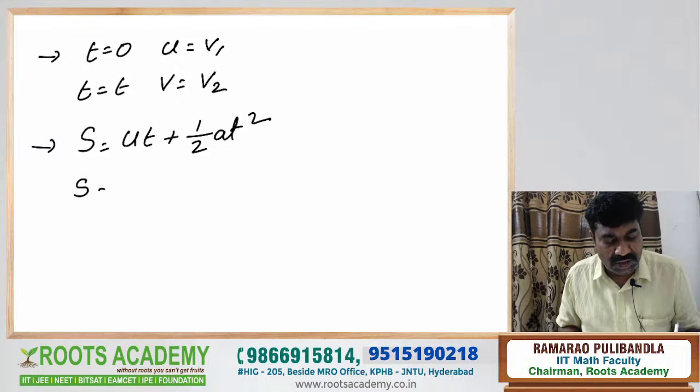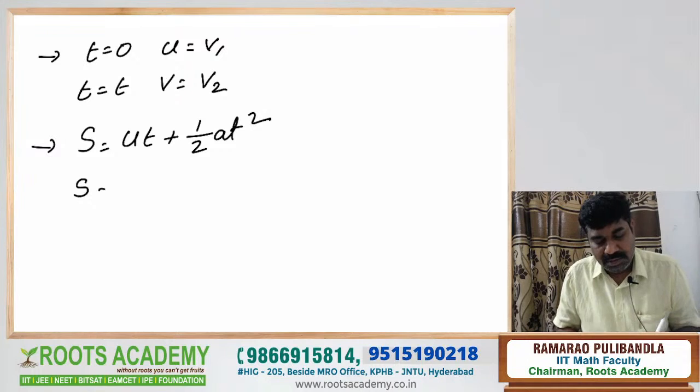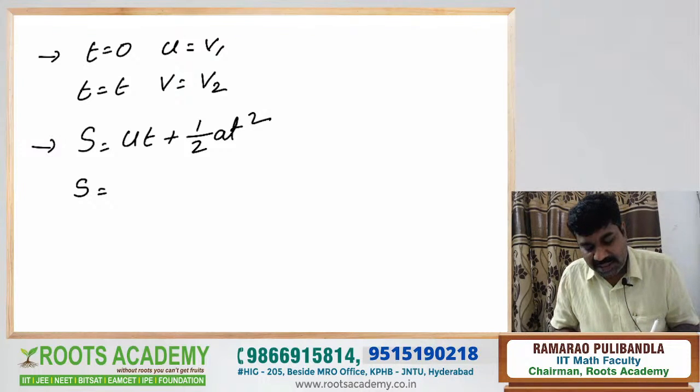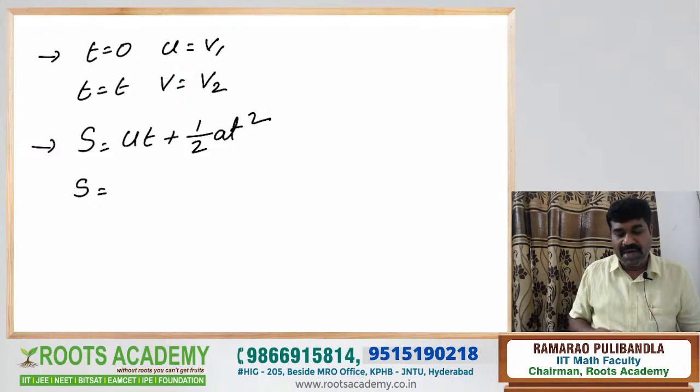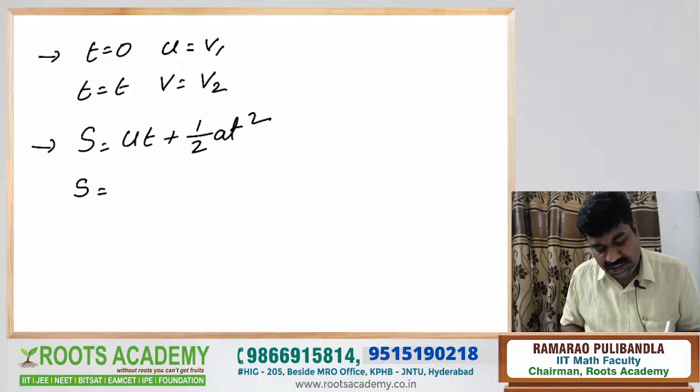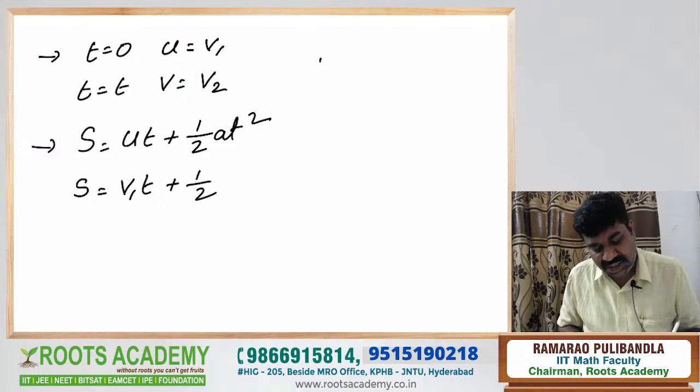S is equal to v1 t plus half into the acceleration of the particle, that is (v minus u) by t. So the acceleration is nothing but (v2 minus v1) by t, the time taken. So this is (v2 minus v1) by t into t square.